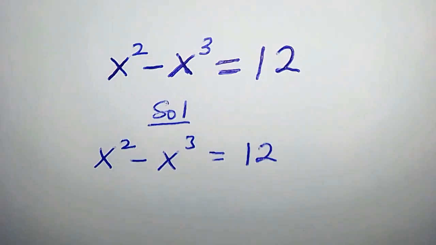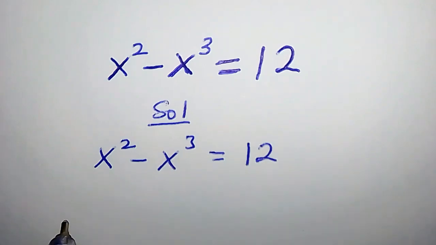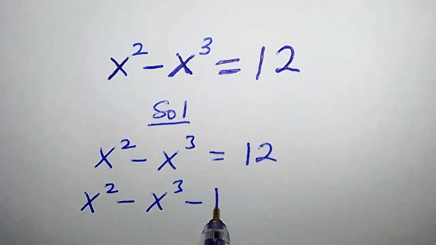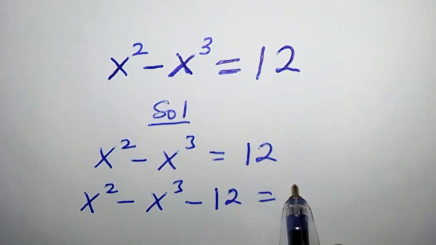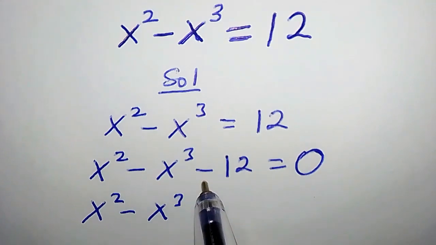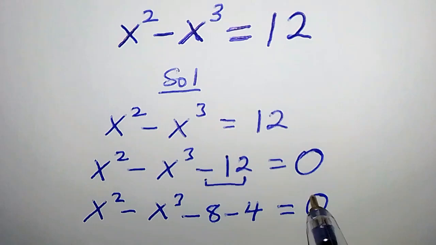The very first thing we are going to do is to bring this 12 to the left side. So that will be x to the power of 2 minus x to the power of 3 minus 12 equal to 0. Let's continue. This minus 12, I can rewrite as minus 8 minus 4 equal to 0.